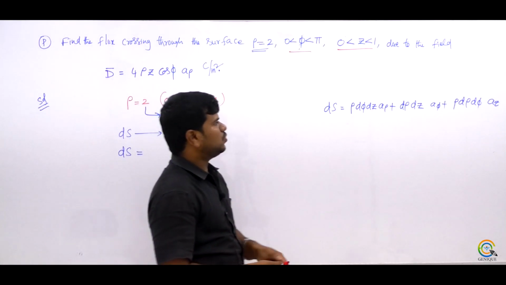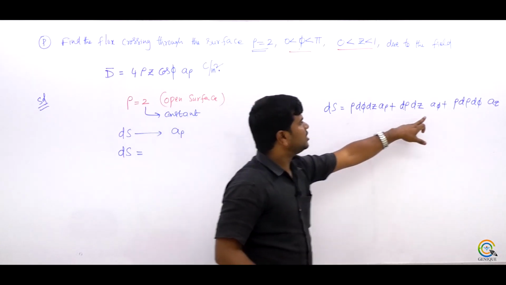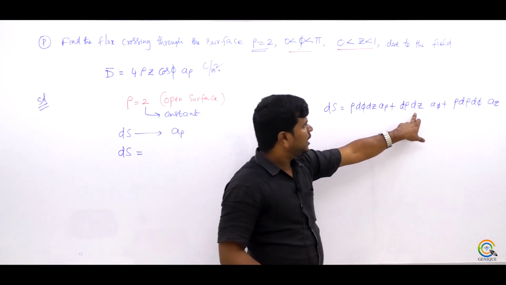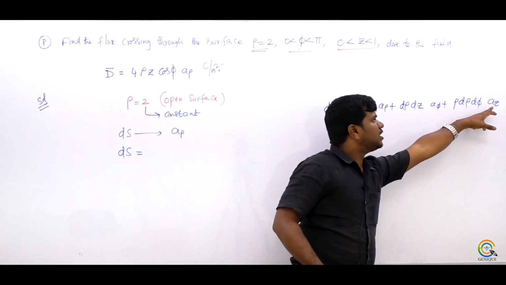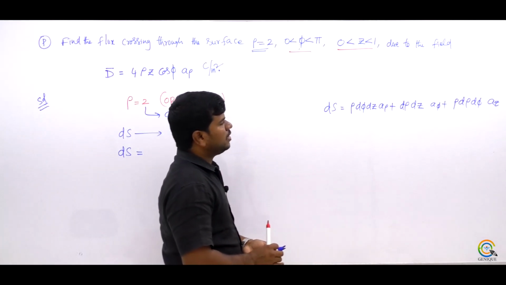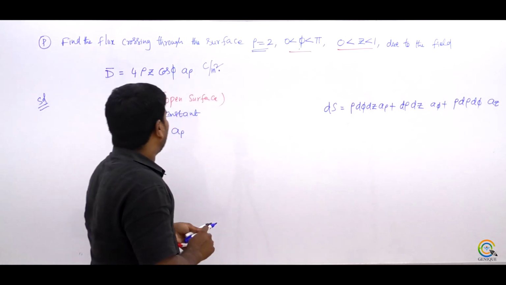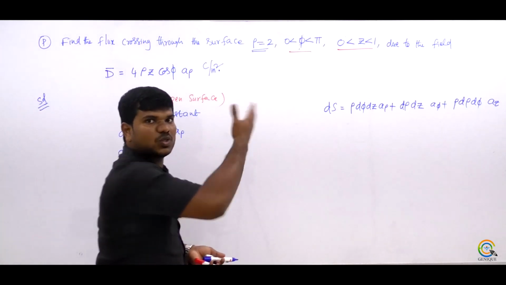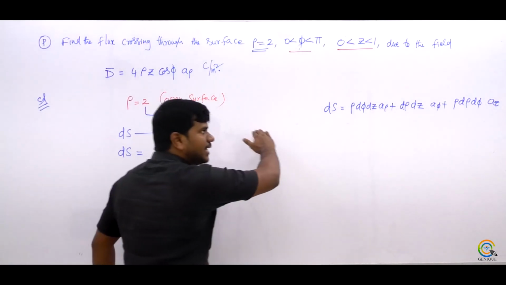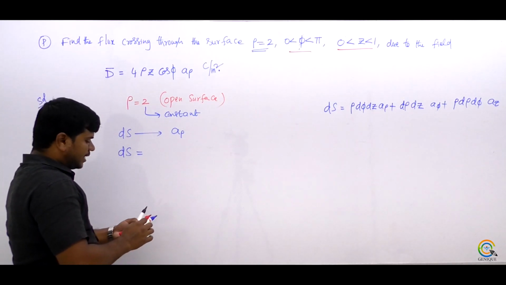Understand? h1 h2 in the direction of a z, d rho d phi; d rho dz in the direction of a phi; and rho d phi dz in the direction of a rho. That's why you have to remember those things. So this is the entire surface area in the cylindrical coordinates.